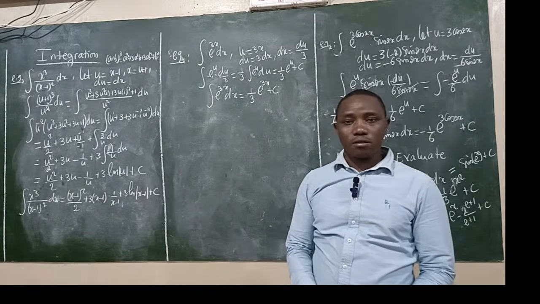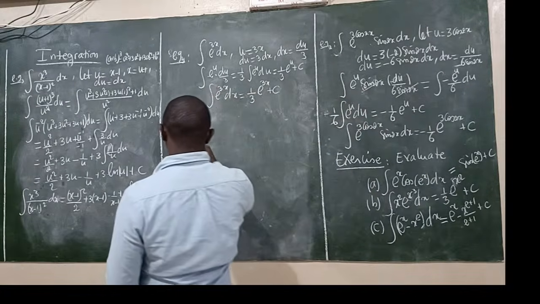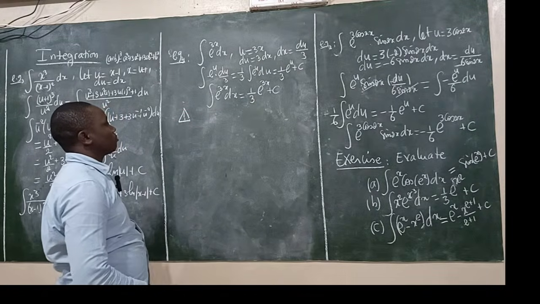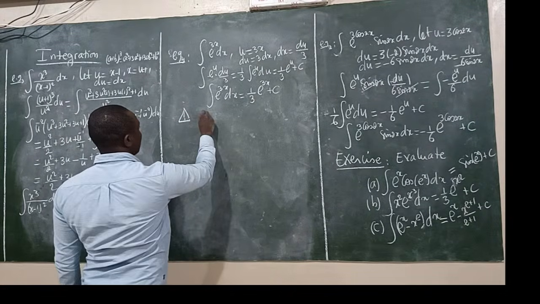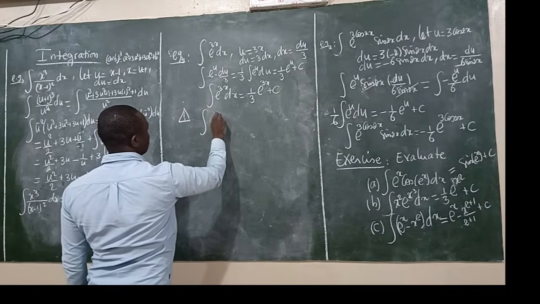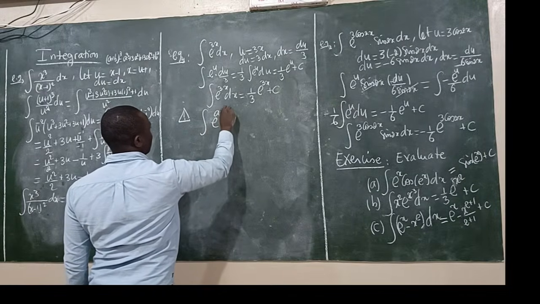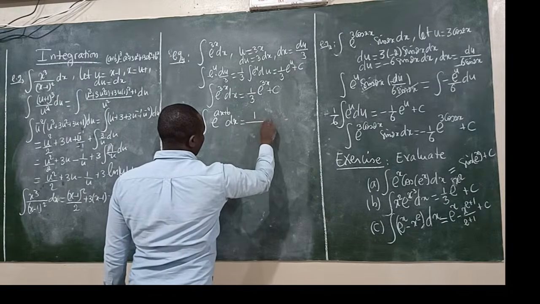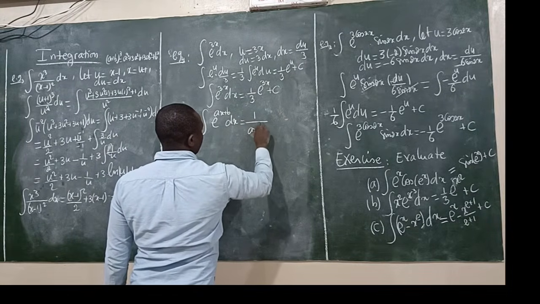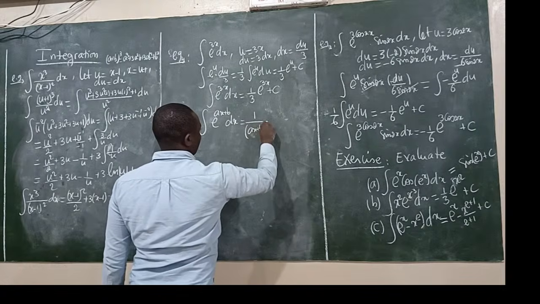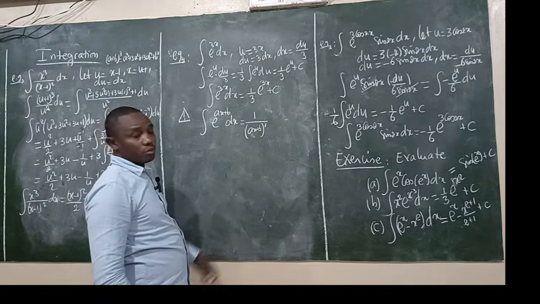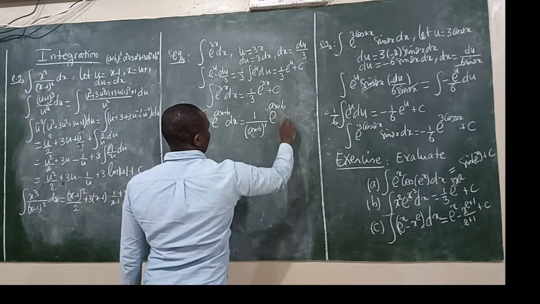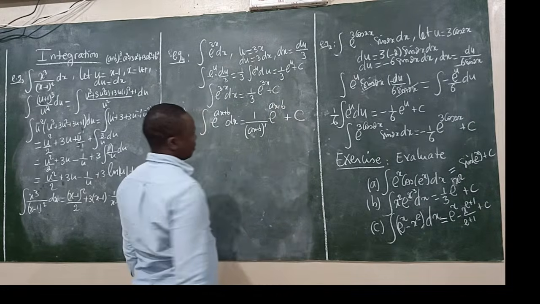In other words, let's have a note here. The integral of e^(ax+b) dx is given by 1 over a, the derivative of ax plus b, times e^(ax+b) plus c.